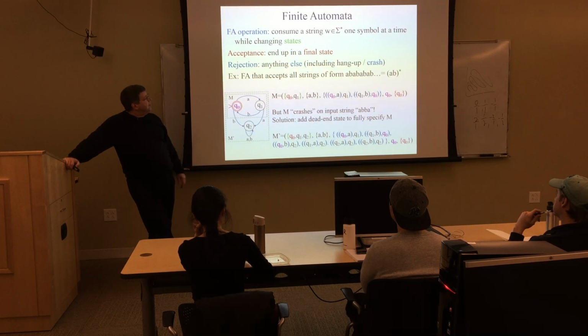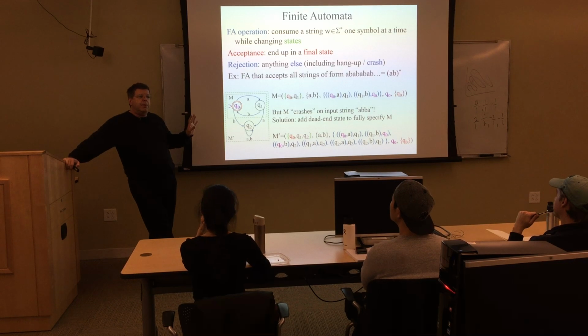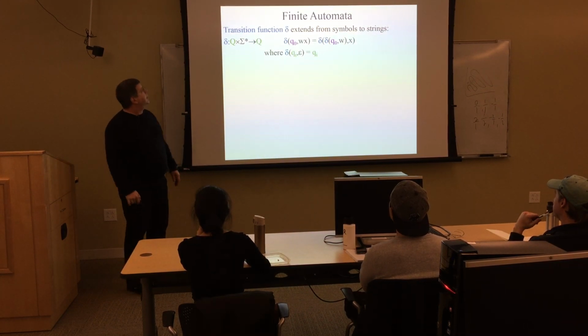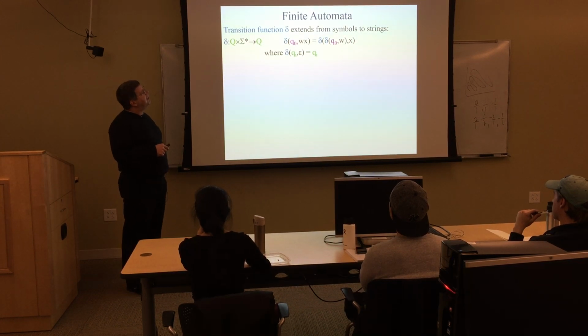All right. Now this may seem kind of a simple model of computation, and it is. It's really the simplest non-trivial model of computation that we know of. But very quickly you'll see that this kind of model can do very subtle things and have all sorts of interesting behaviors and theorems about it, and we're getting to that very quickly. So a transition function extends from a single symbol.